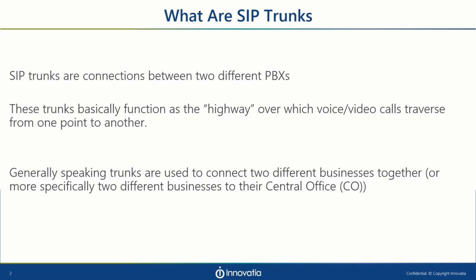While it's totally possible that two different businesses can have a direct SIP trunk between them, normally businesses will connect themselves to their internet service provider, and the ISP is responsible for getting those calls from one business to another, or from one source to the destination.